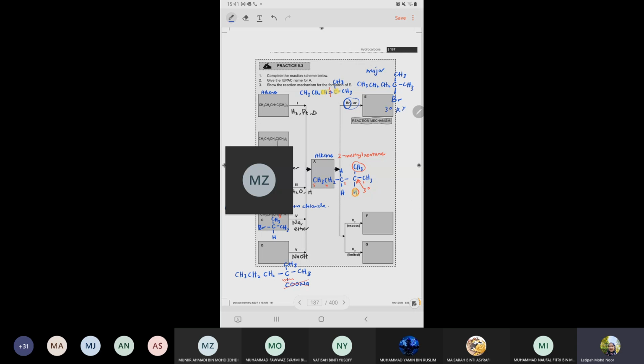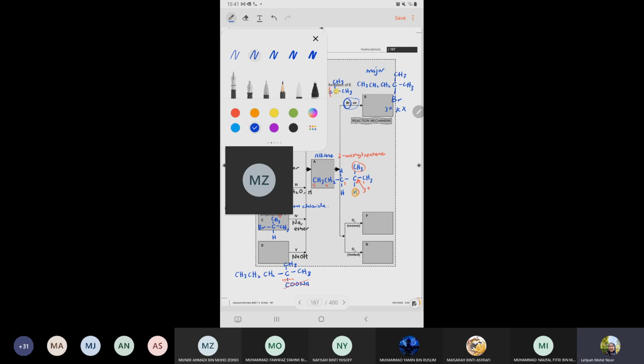Okay. So classification of haloalkane, okay, it depends on the classification of carbon that is bonded to halogen. Okay. So if the carbon that bonded to halogen is bonded to 3 carbons, okay, like this. Kita ada 3 carbon kat sini. Mari kita highlightkan.